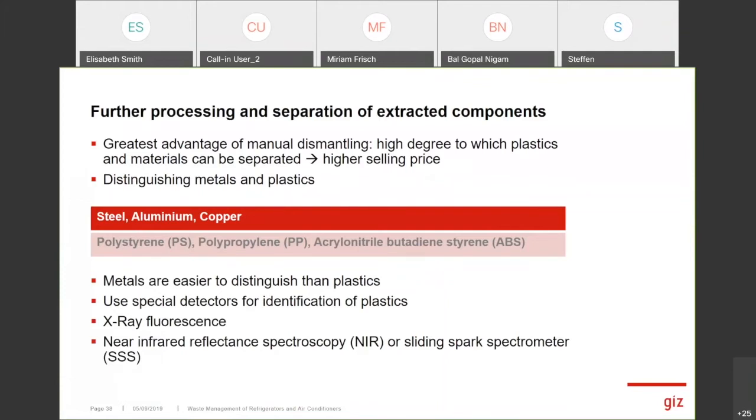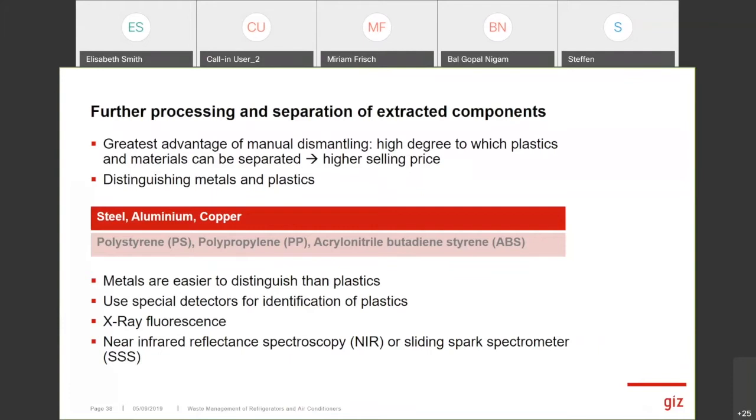The greatest advantage of manual dismantling is the high degree to which plastic and materials can be separated. So finally you will obtain a higher selling price of the raw materials again.